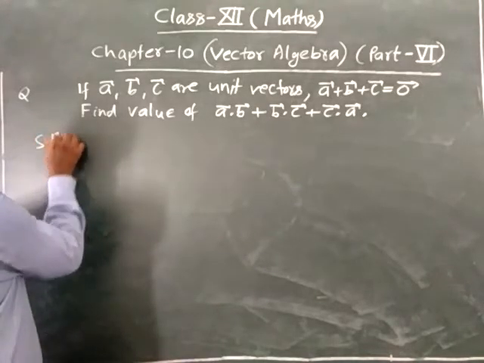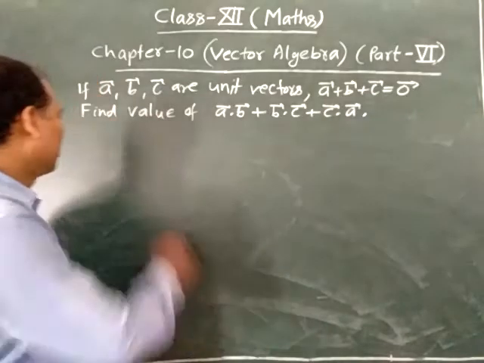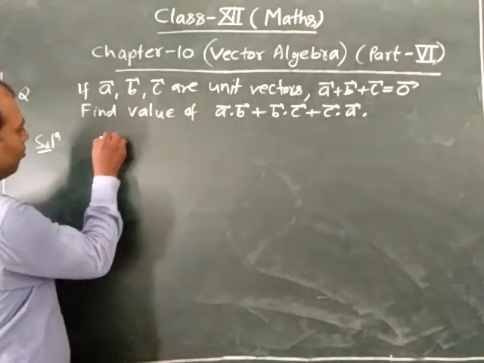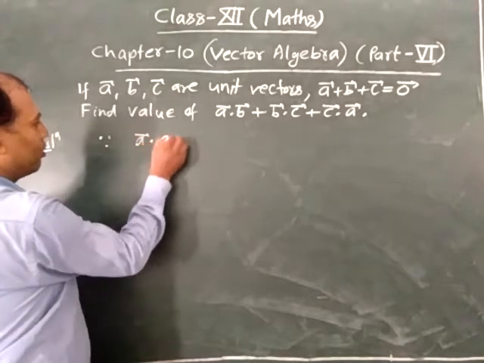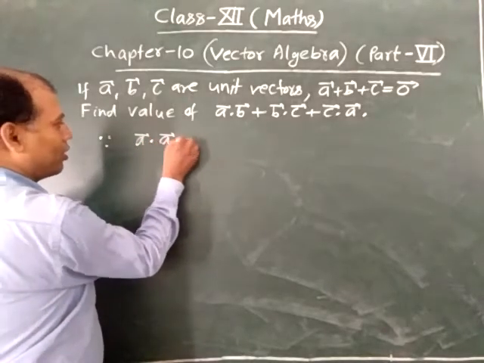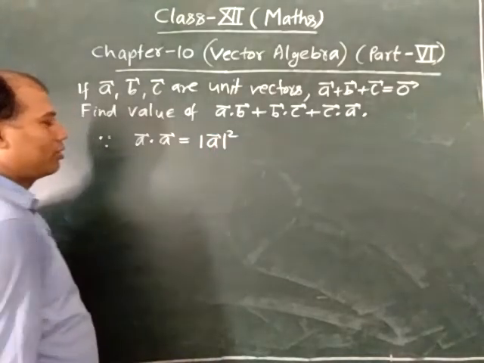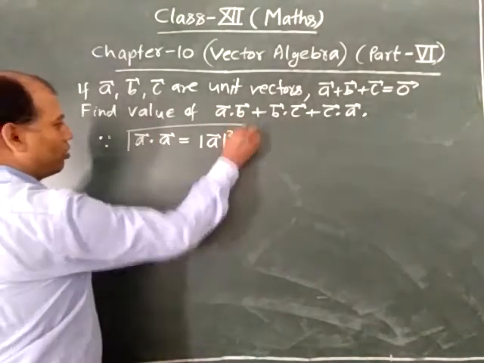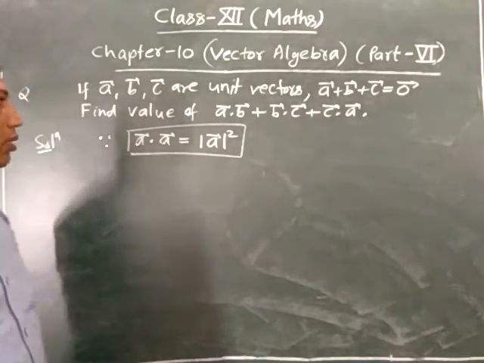So students, we know that vector A dot vector A is equal to modulus A square. All of you know A dot A is equal to modulus of A square.